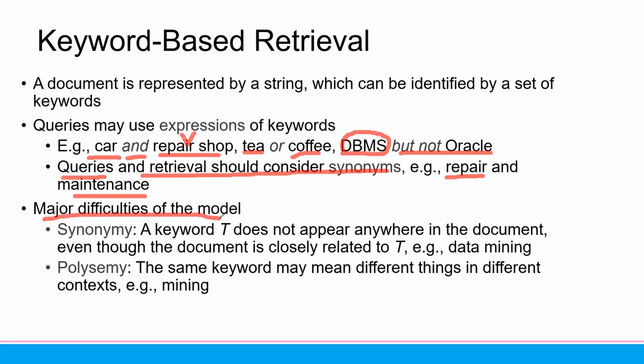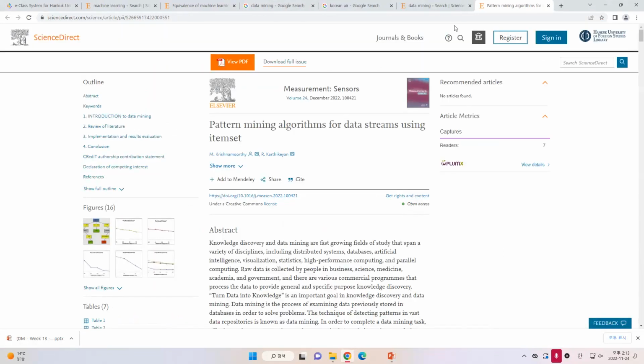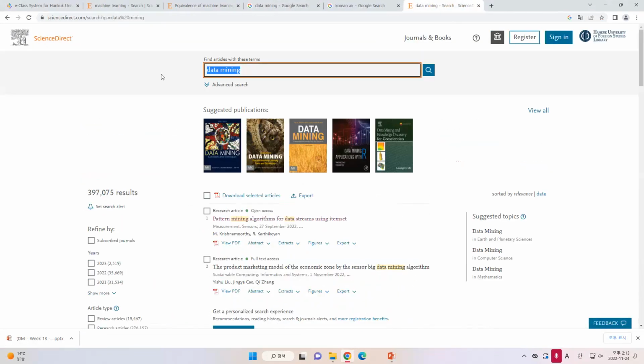There are major difficulties. For example, with synonyms, the keyword T does not appear anywhere in the document, even though the document is closely related to T. For example, the word data mining. In data mining, we have many fields. Let's say I do not want to use the data mining keyword here, but I want to know if there are some papers related to machine learning.